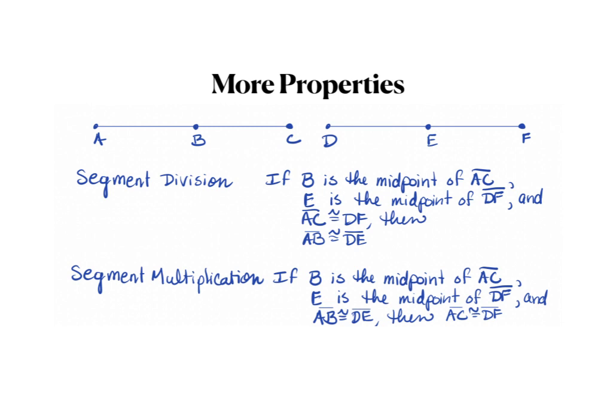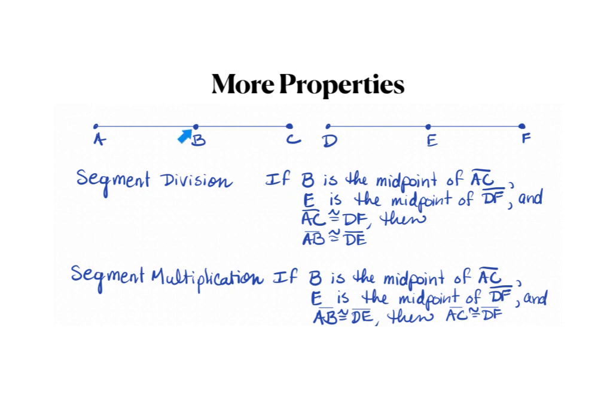Same kind of thing happens with division and multiplication. So if I have a segment that's cut in half, and I know the entire segment is congruent to another entire segment, if they're both cut in half, the pieces are congruent as well.